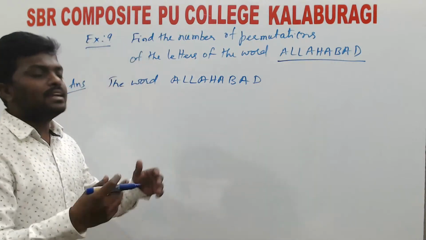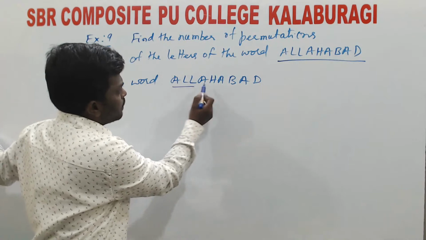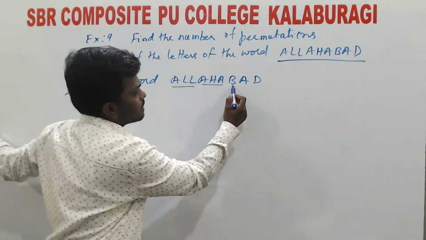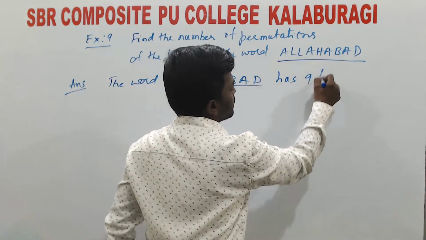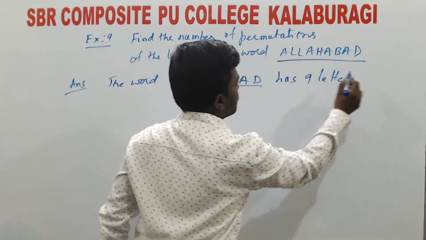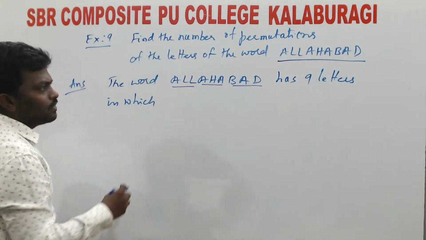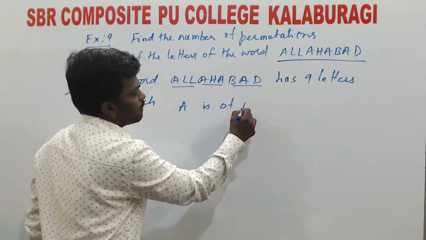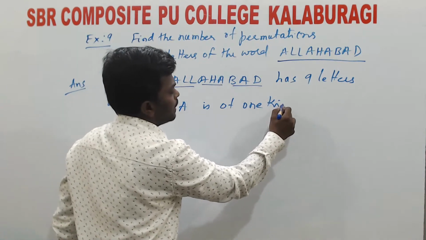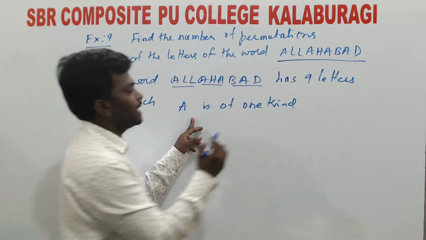Right? So now first let us count how many letters are there. These are 3, 6, 9. So the word Allahabad has 9 letters, right? In which A is of one kind.